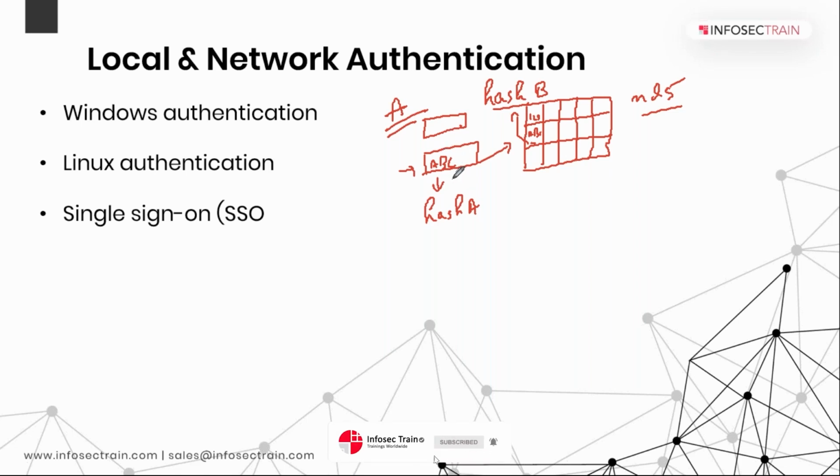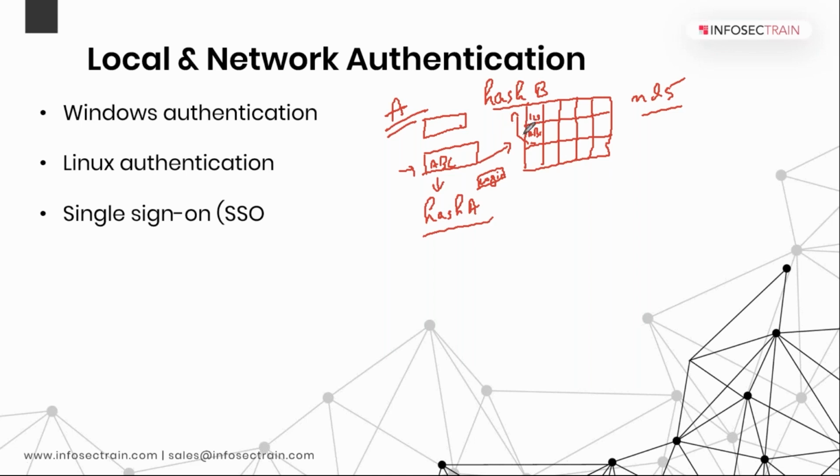When he enters ABC in the password field and hits the login button, the authenticator starts converting this ABC into a hash. We are calling that hash A.